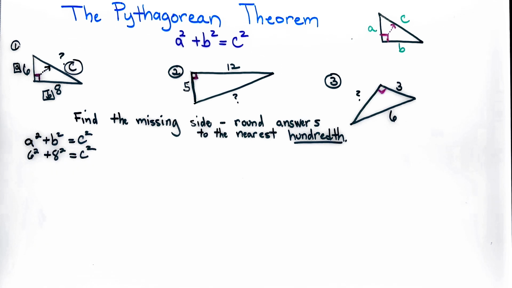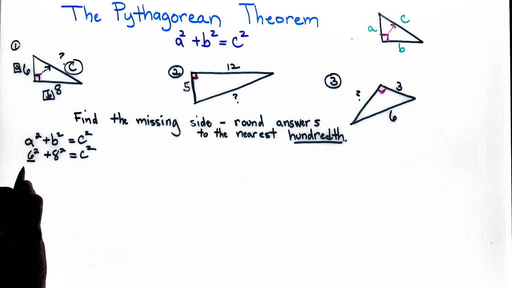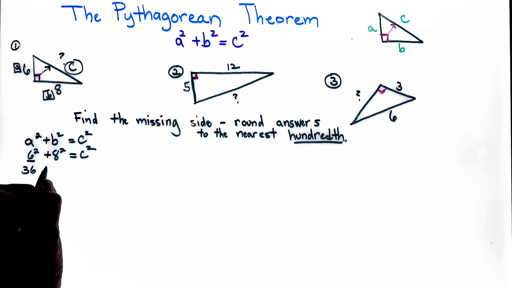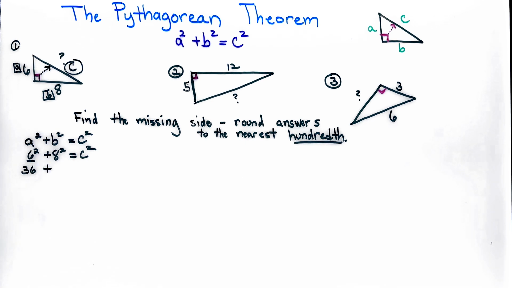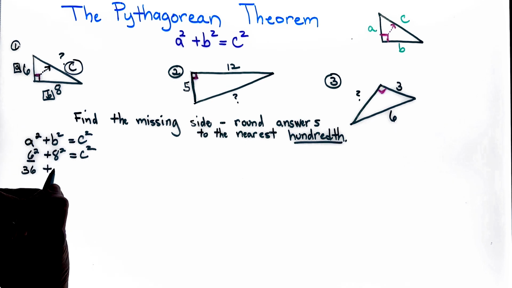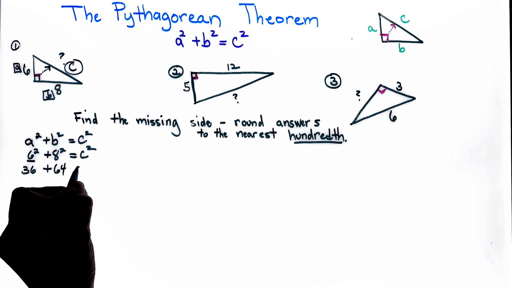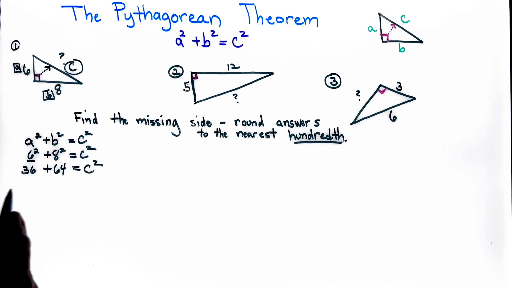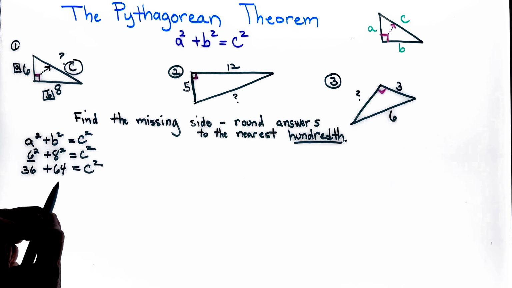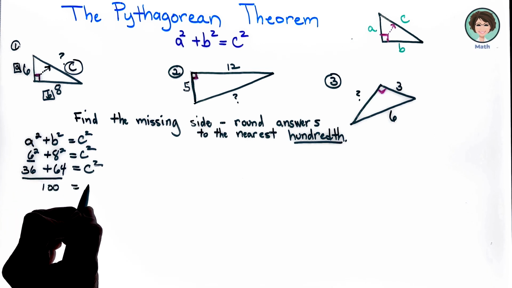To solve this, I've got to do 6 squared, which is 6 times 6, 36, plus 8 squared, which is 8 times 8, 64, is equal to c squared. Now I'm going to add these together, and I get 100 is equal to c squared.